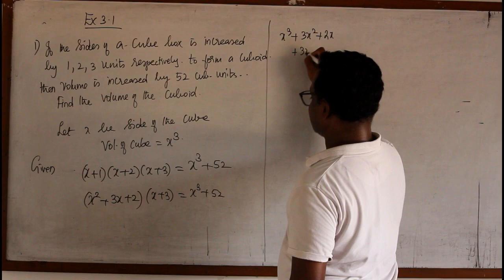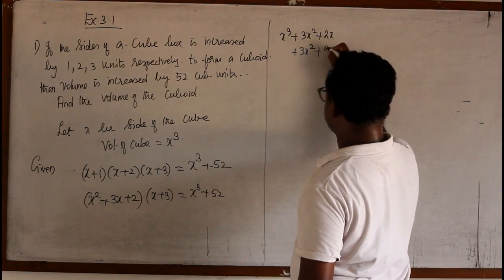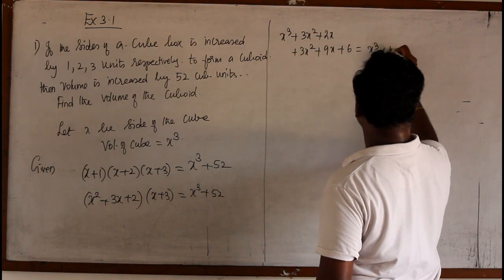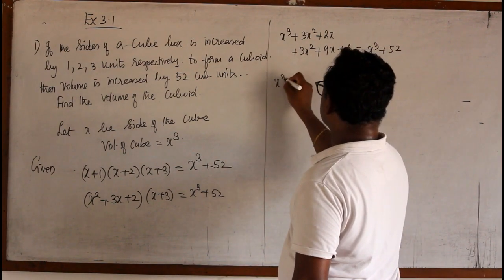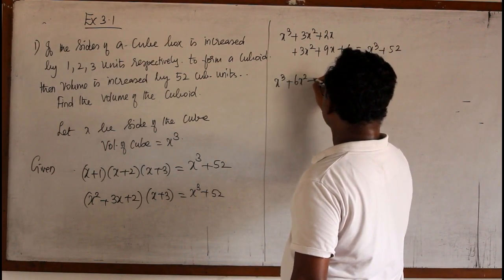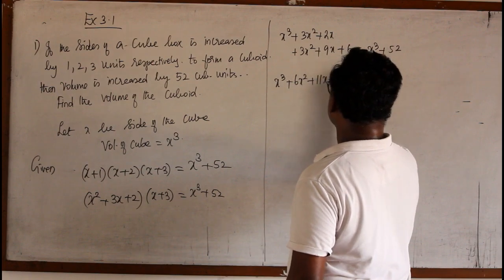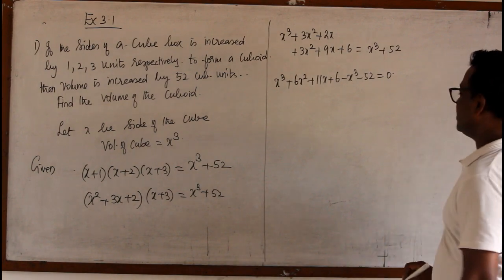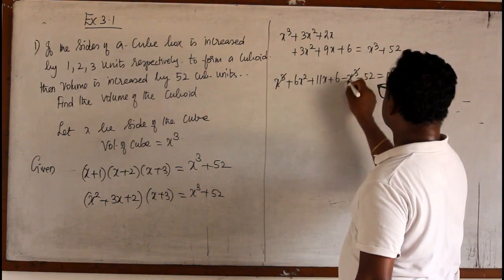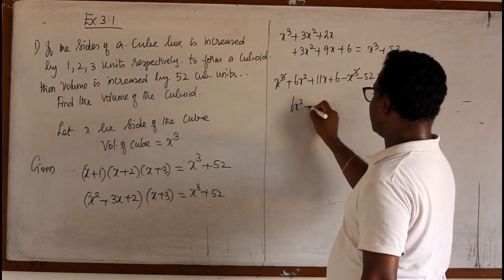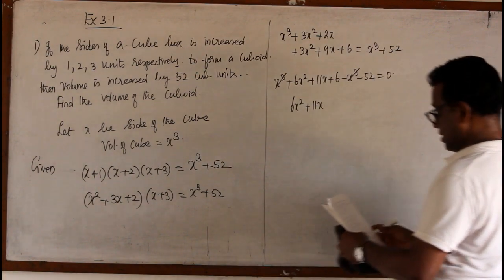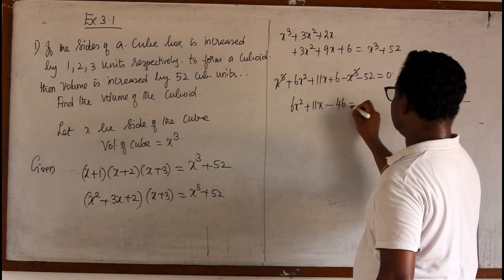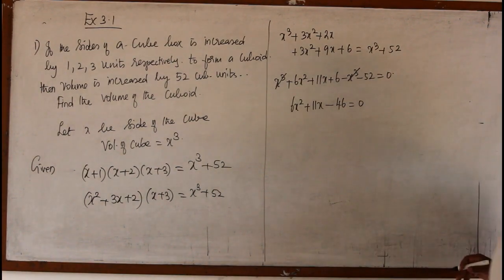It is 3x square plus 9x plus 6 equal to x cube plus 52. It is x cube plus 6x square plus 11x plus 6 minus x cube minus 52 equal to 0. So x cube cancels. 6x square plus 11x plus 6 minus 52 is minus 46 equal to 0, which is a quadratic equation.